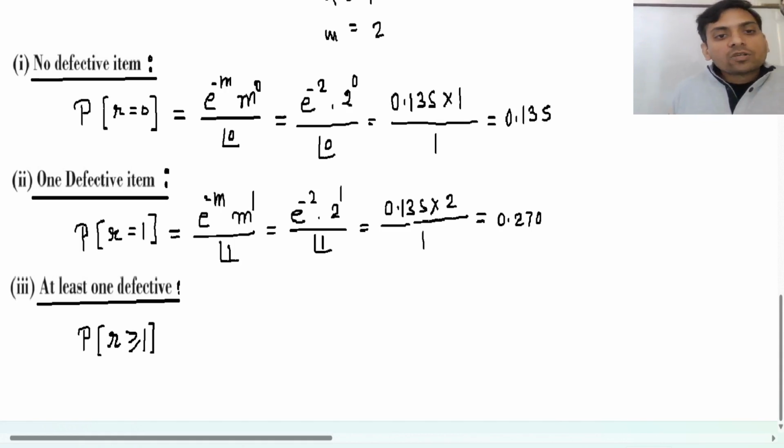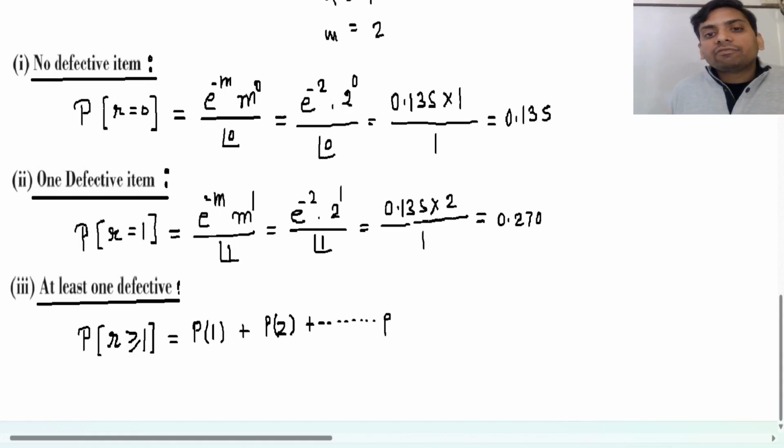Clear? Okay, so this means your target is to find the probability of one defect, probability of two defect, up to the probability of 100 defect. Now how will you solve this?